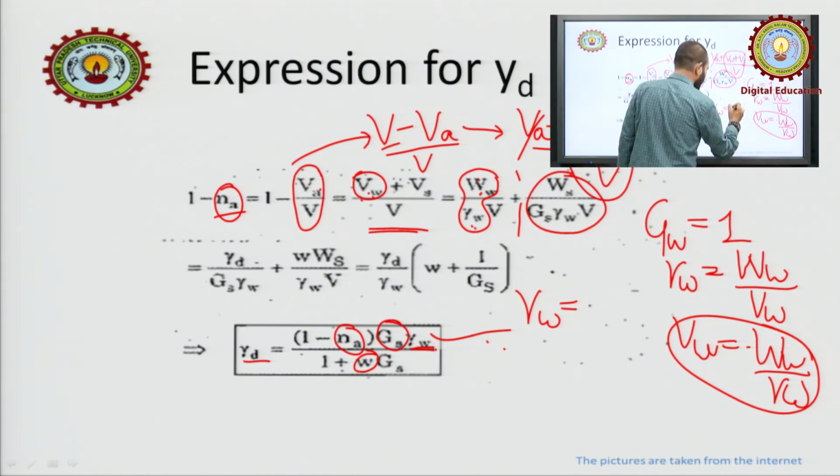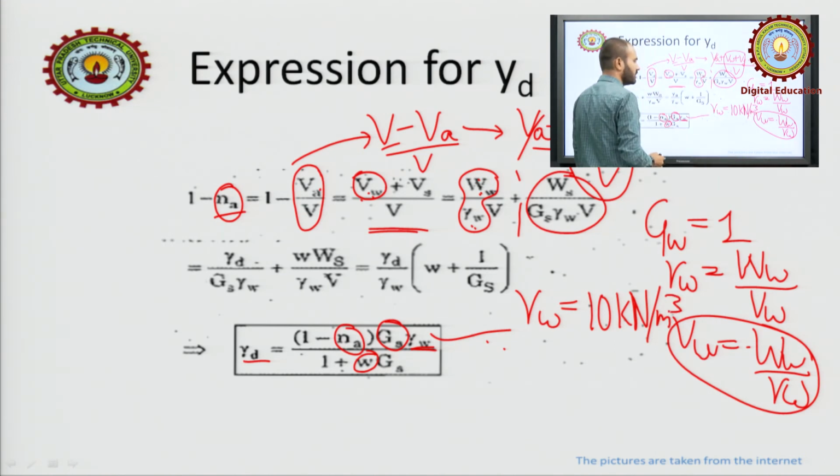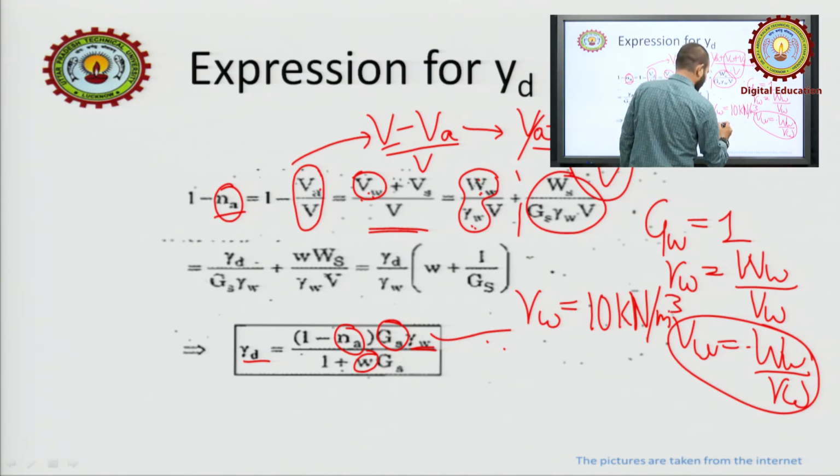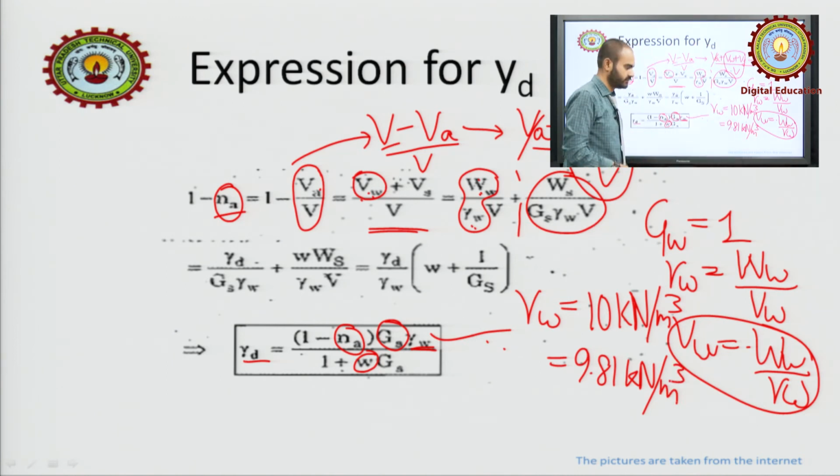We can use it as 10 kilonewton per meter cube when nothing is given, or if it is mentioned, then 9.81 kilonewton per meter cube.